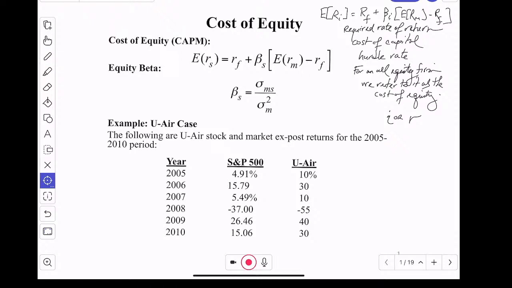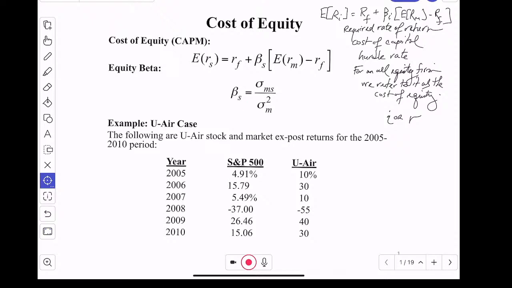So moving into the information provided, we're going to calculate both the return and the risk. And we're going to call the return the cost of equity for UAir, which is an all equity firm, and the equity beta because it's an all equity firm.